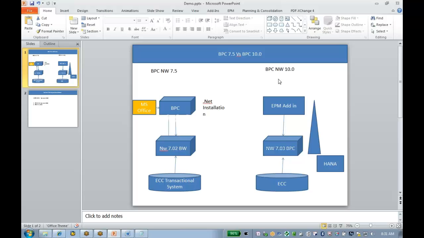Now you may have a question whether we are going to learn BPC MS or BPC NetWeaver. You are going to learn both, but SAP is going to sell a lot of licenses of BPC NetWeaver 10, so we mainly focus on BPC NetWeaver 10. Whatever backend changes there are for BPC MS and BPC NetWeaver 10, we can discuss later, once we finish the BPC NetWeaver planning side.